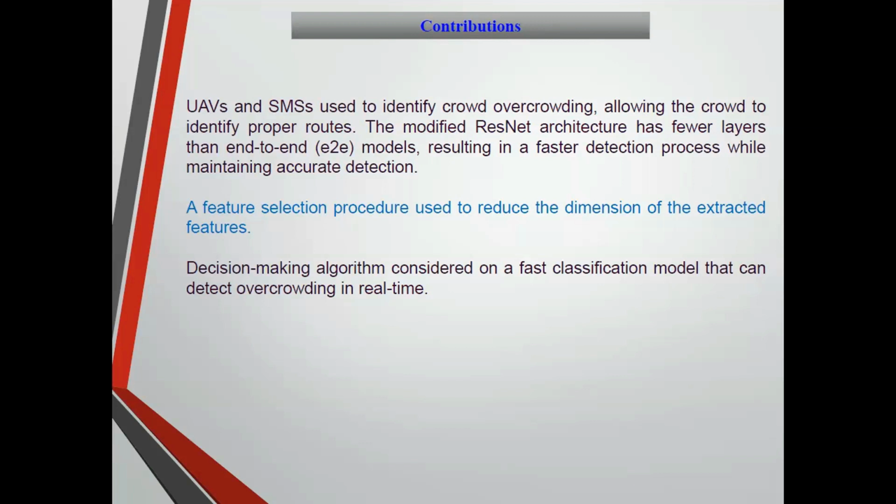Number two, feature selection, used to reduce the dimensions of the extracted features. Part of the algorithm is based on a fast classification model.